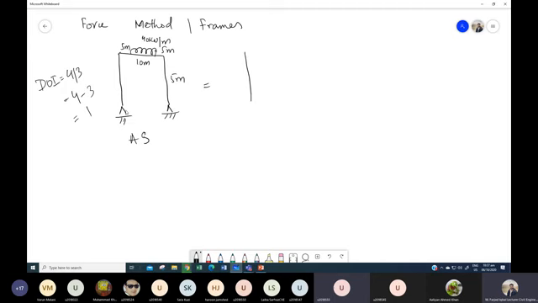Let's consider that we remove the horizontal reaction from this particular support. So we will have a roller support over here and a hinge support at this end. There is this load of 40 kilonewton per meter.